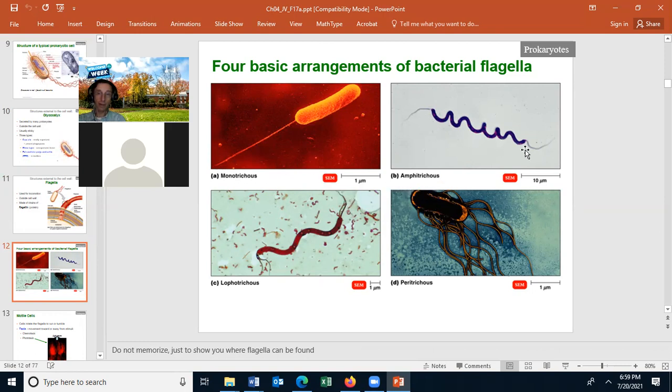Amphitrichous, the flagella are on both ends, and there's only one. Lophotrichous, multiple flagella on both ends. And then peritrichous, the flagella are all over the cell, and there's many of them. I said, don't remember the names, but you'll need to know this for a question on a lab.